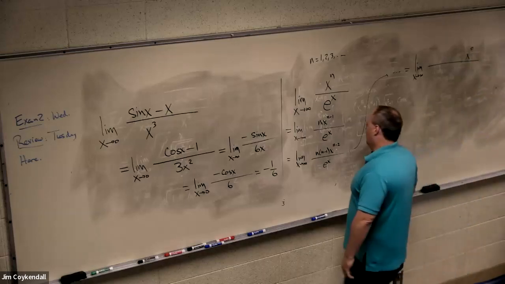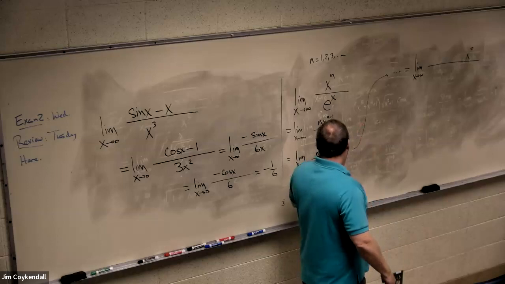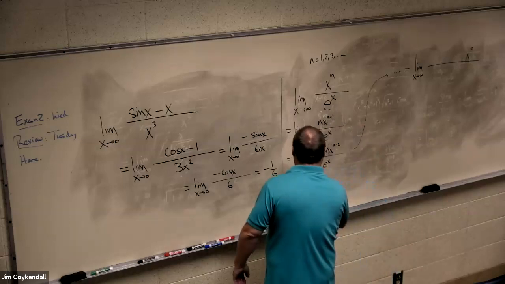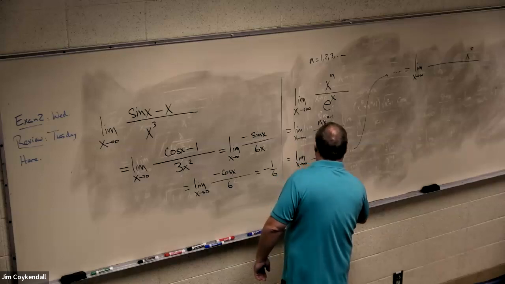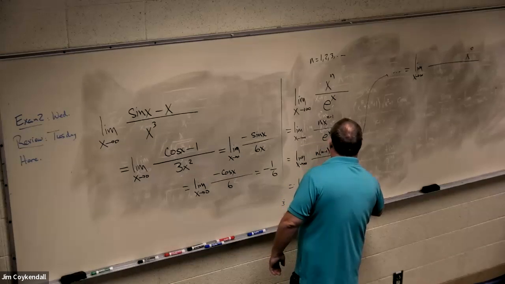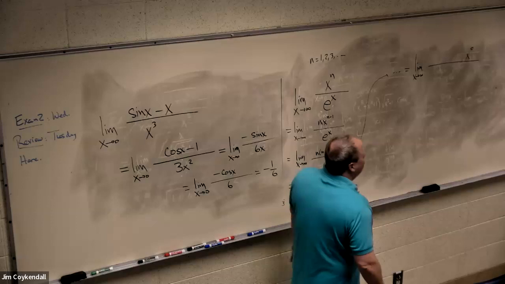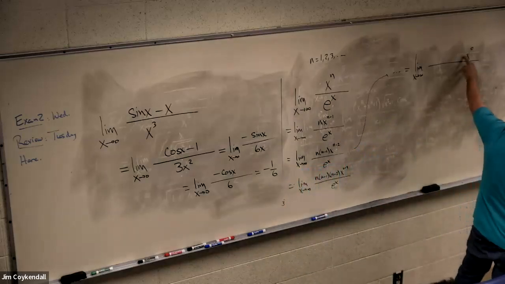By the way, can anybody tell me what you're going to get? So actually, let me do that more. n minus one, n minus two, x to the n minus three, still. You see, I want to see what happens when you get to x to the zero. What do you do?